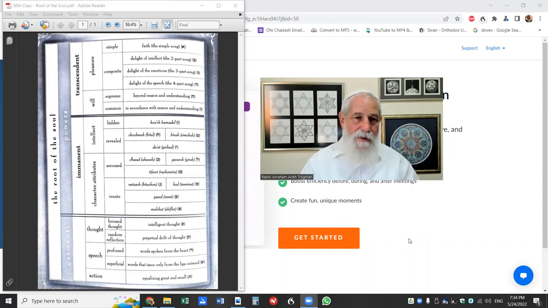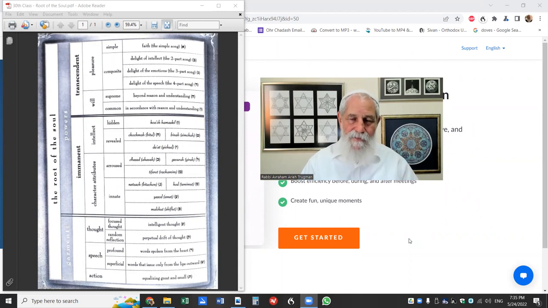Then we go to the character attributes. And here we're used to, especially during Sefirat HaOmer, counting the 7 weeks of the Omer, and each of the weeks of the Omer represents one of the character attributes.